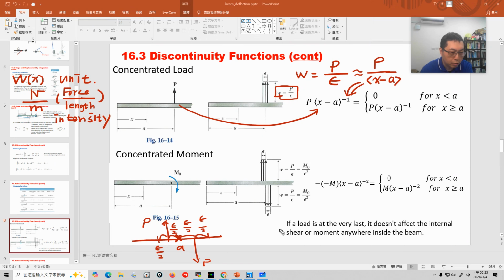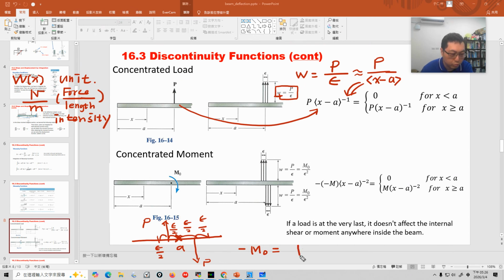The moment is equal to, because it's clockwise, let's call it minus m0. m0 is equal to the force acting: there is a force very close to A, and its distance is epsilon over 2, and there's another force here, also very close to A, and its distance is epsilon over 2. So these two forces will generate a clockwise moment.